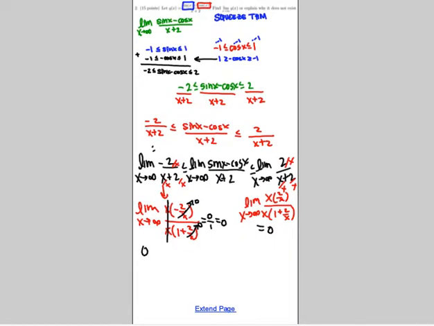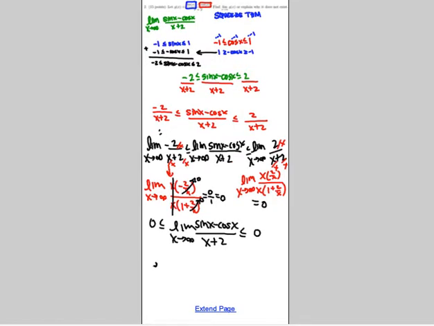So I got 0 less than or equal to my limit as x approaches infinity of sine of x minus cosine of x. If we're squeezed in between 0 and 0, you guys, what do we got to be? 0.